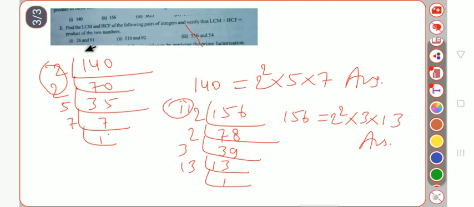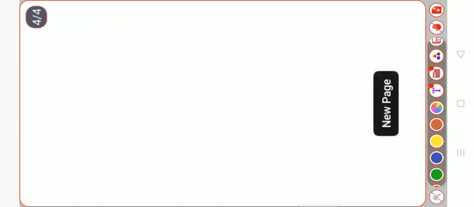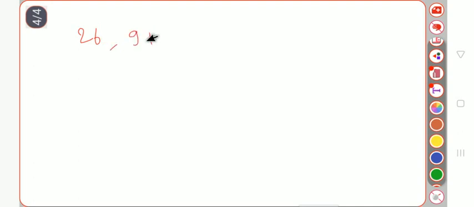So the first question has 26 and 91. These two numbers are given. We have to find the LCM and HCF. Okay, LCM and HCF we have to find.